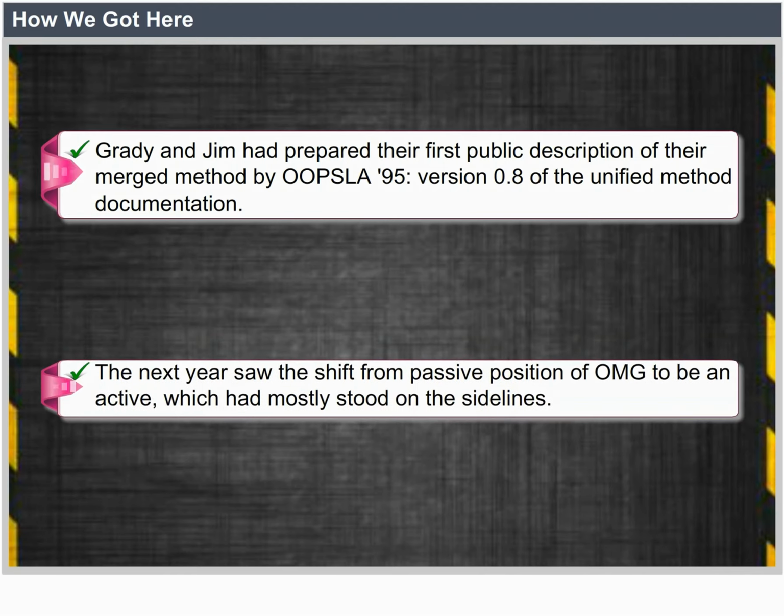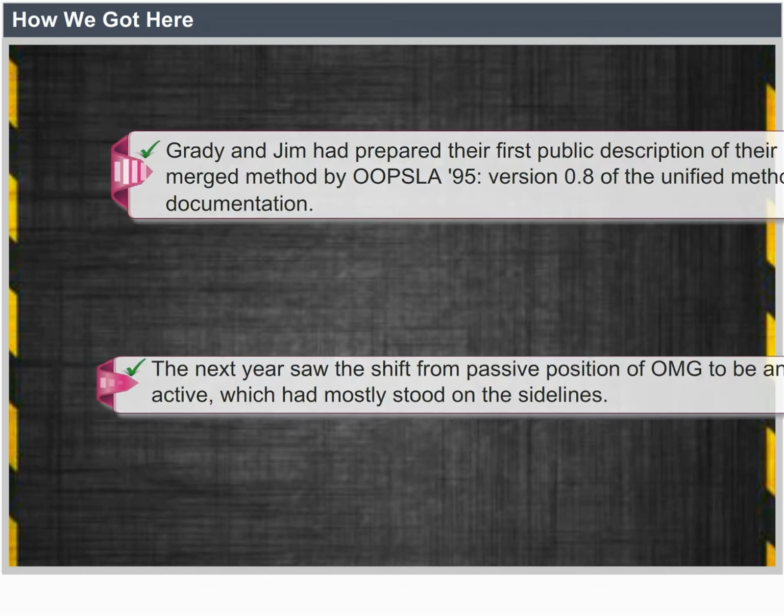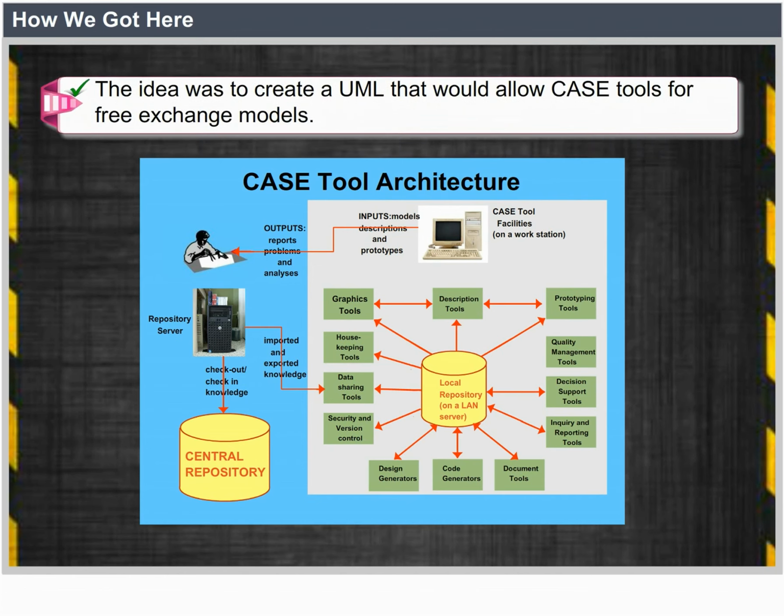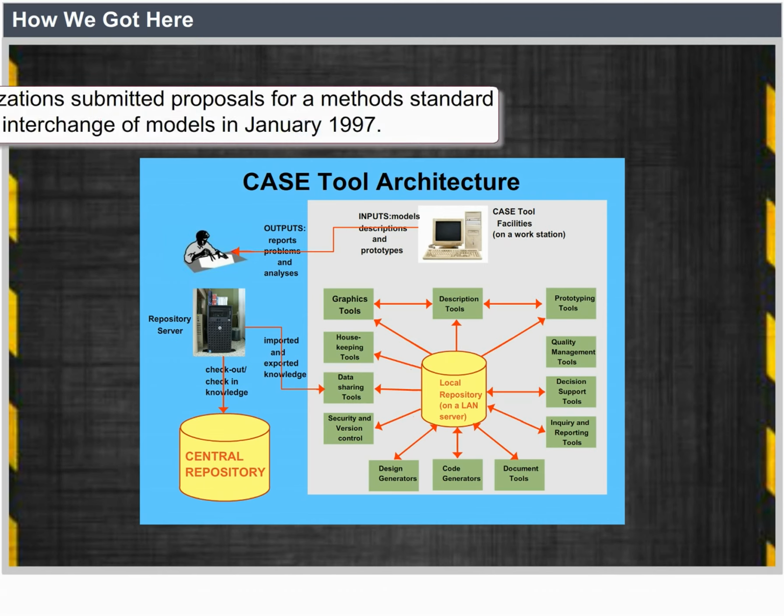The next year saw the OMG shift from a passive position to an active one, having mostly stood on the sidelines. The vendors energized the OMG to do something under the banner of CASE tool interoperability. The idea was to create a UML that would allow CASE tools to freely exchange models.